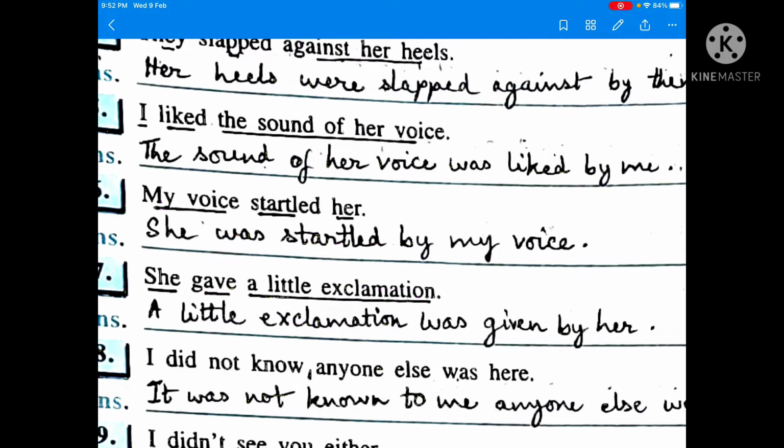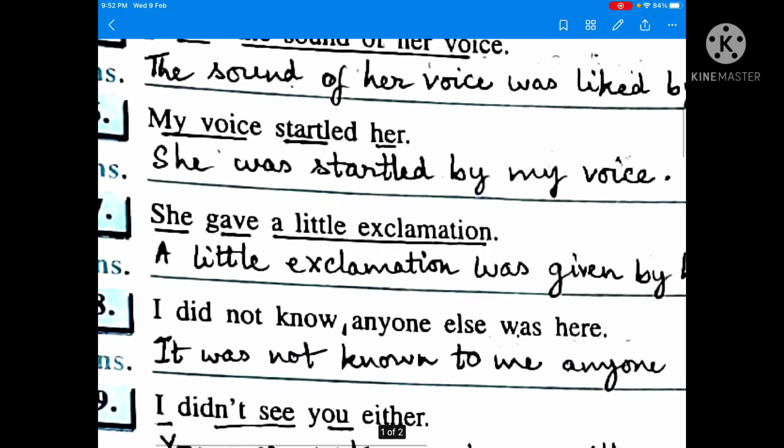I becomes by me. My voice startled her. My voice, subject, startled, verb, her, object. Her becomes she in the passive voice. She was startled by my voice.